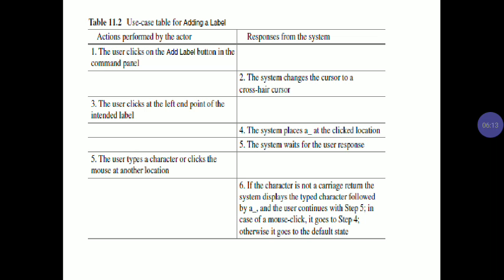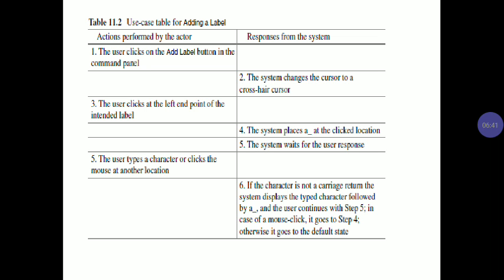After that, the system changes the cursor to a crosshair cursor. Then the user clicks at the left end point of the intended label. Then the system places an underscore at the clicked location, showing that you have to enter the text. After that, the system waits for the user to enter the text of the label.